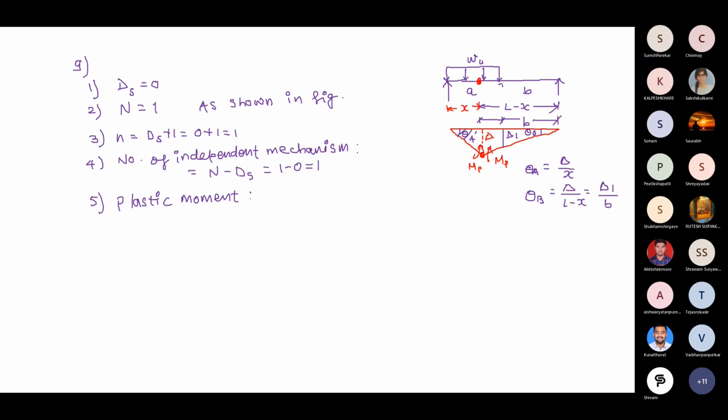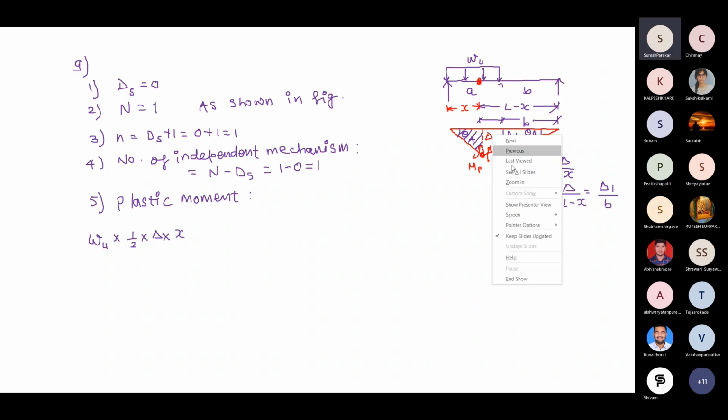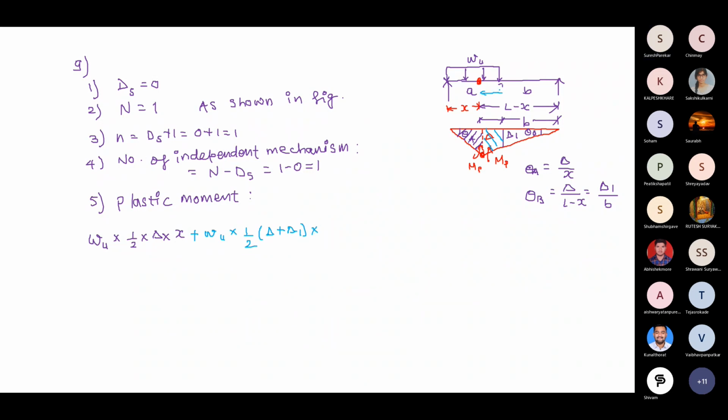And then what comes? First this area: WU into half into delta into x. And then the second area, which is trapezoidal, this area. I will use the same color. So plus WU into half, delta plus delta 1, into what will be this distance? A minus x.